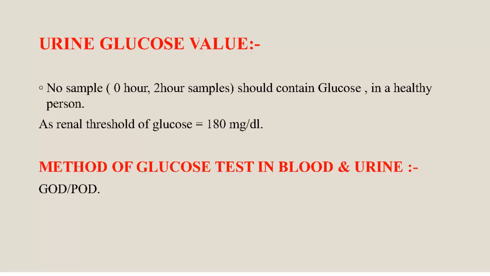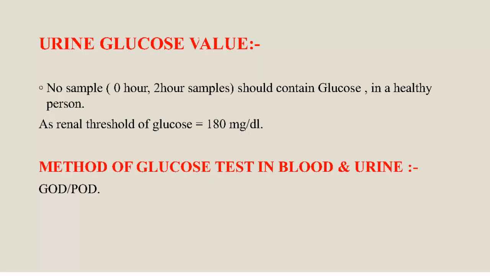But in a normal person, all the blood values should remain below this 180 mg per dL. So no normal person excretes glucose in urine in health.